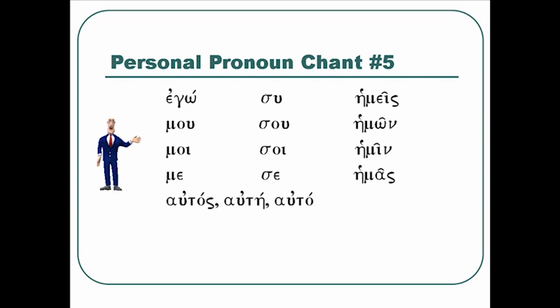Egō mou moi me, su sou soi se, hēmeis hēmōn hēmin hēmas, autos, autē, auto. And one final time, our cow call for the personal pronouns.